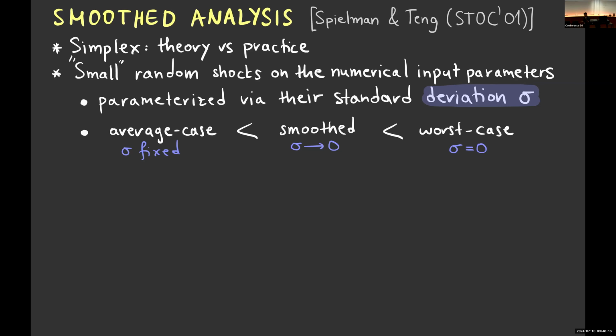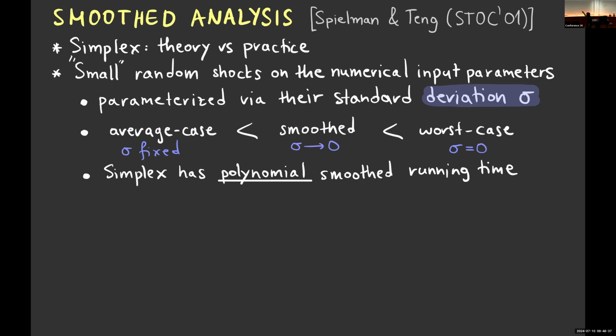So, we want to take sigma going to 0, but we care about the behavior. So you are almost worst case, but you want to see how your running time behaves in this region. In other words, how powerful your adversary should be, what accuracy your adversary needs in order to kill you and give you exponentially bad inputs. That's the idea. And it turns out that simplex now has polynomial smoothed running time.